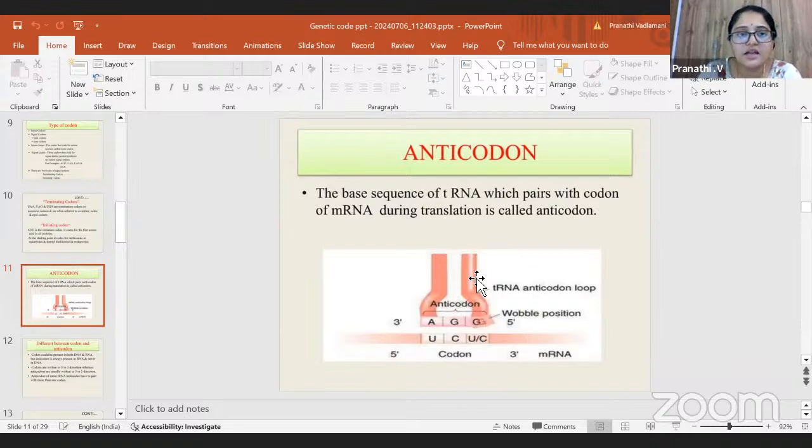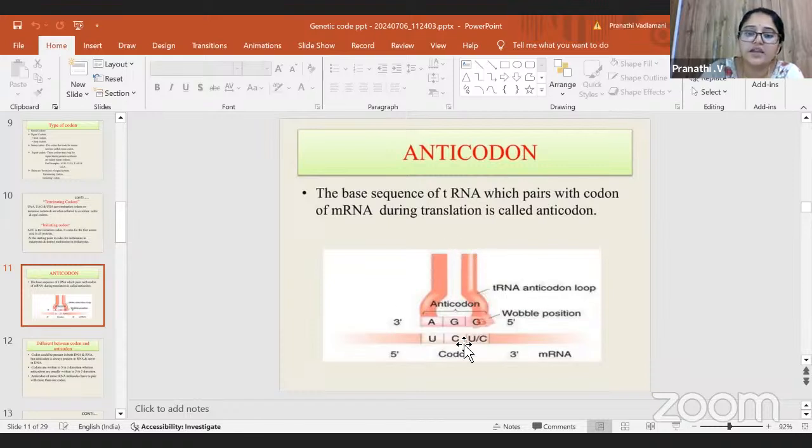Whenever that is there, the translation can start. So in the mRNA, if it is AUG, it is the initiation of protein synthesis. The respective tRNA will come with the matching anticodon. This is a position in which the nucleotide can change, known as the wobble position.